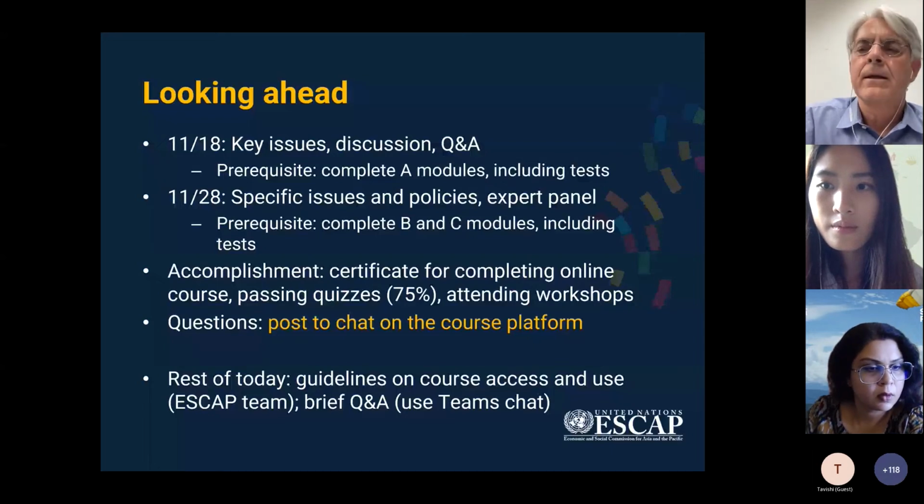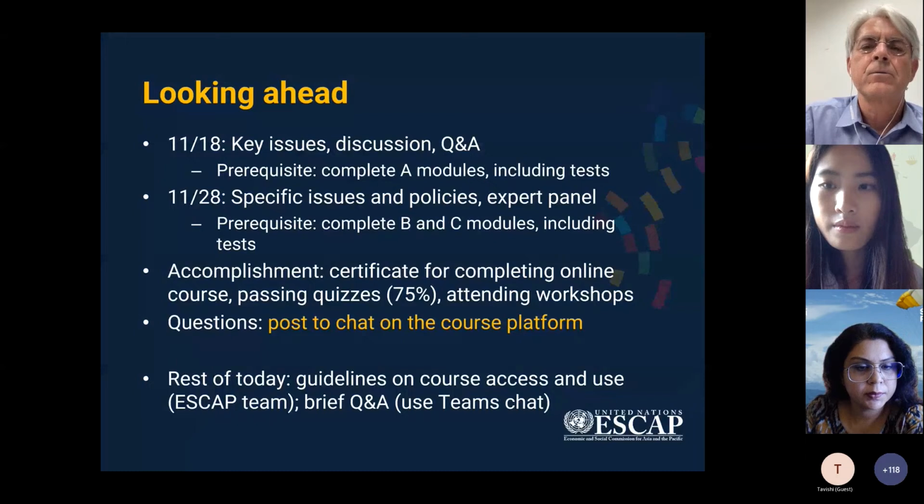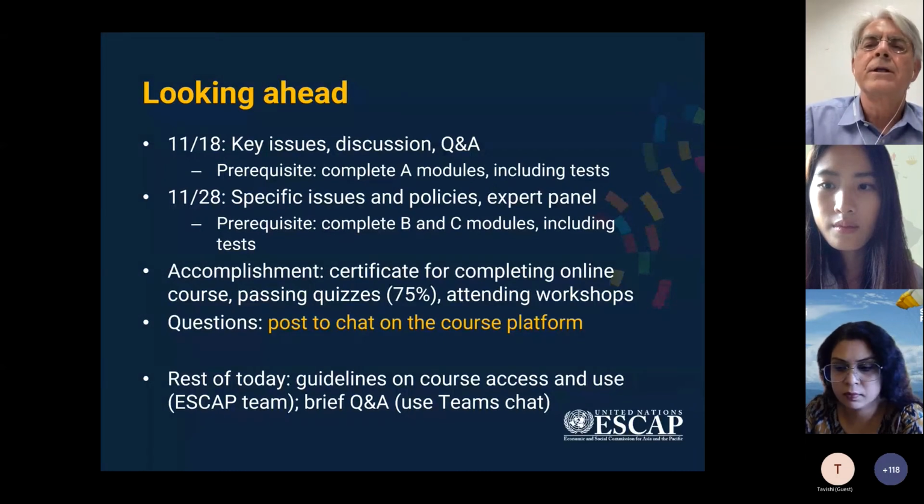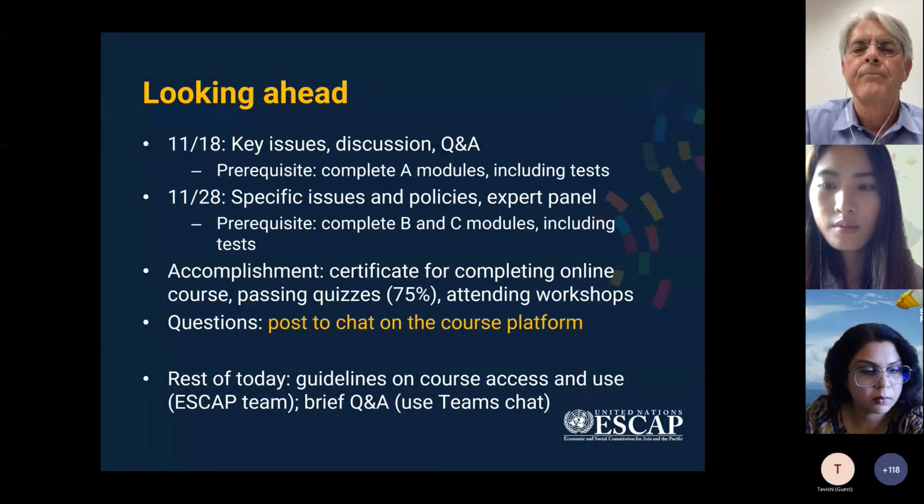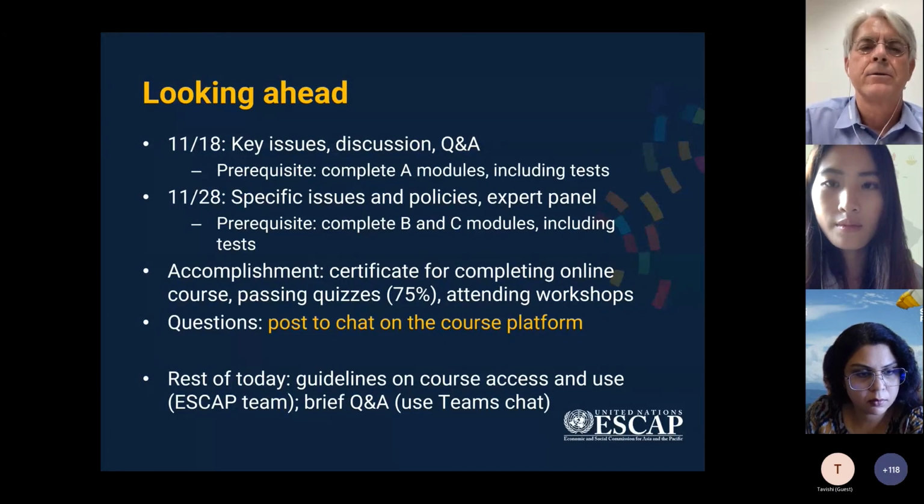You need to complete the A modules, that is, work your way through those modules, including taking the tests and following up with the references that are cited within those modules.